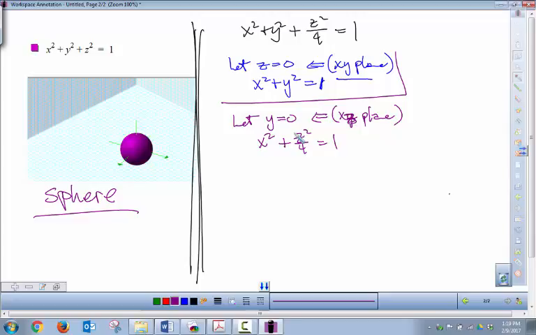If you remember the ellipse, that would have a z intersection of 2. If you let x equal to 0, you're going to get z is equal to plus or minus 2, right? Meanwhile, x is still at 1, so this is an elongated ellipse, elongated along the z-axis.